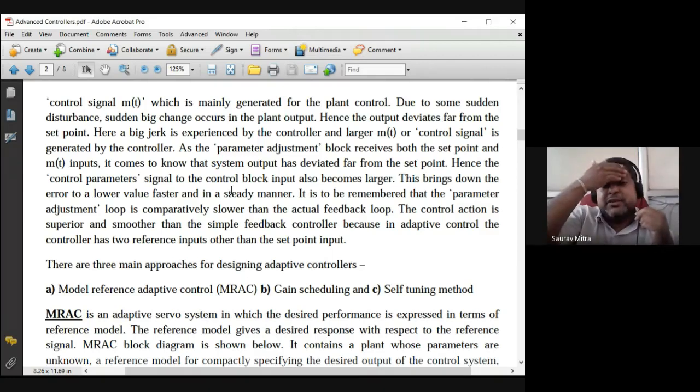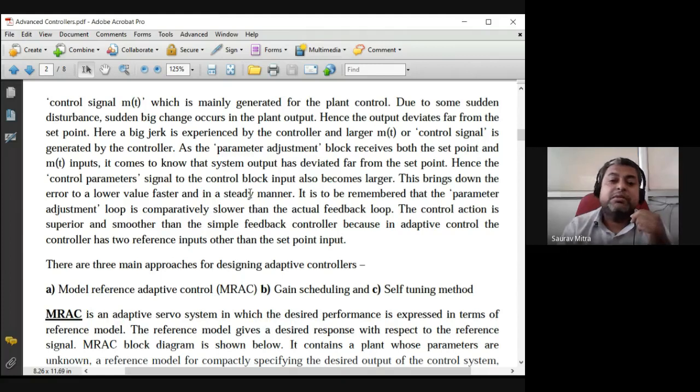So this brings down the error to a lower value faster and in a steady manner. In case of feedback control, maybe it was taking 20 loops to bring down the error to zero or within a band. But in case of adaptive control, as the whole controller and whole process equation is changing, it is easier to bring down the error and bring the system to a nominal level.